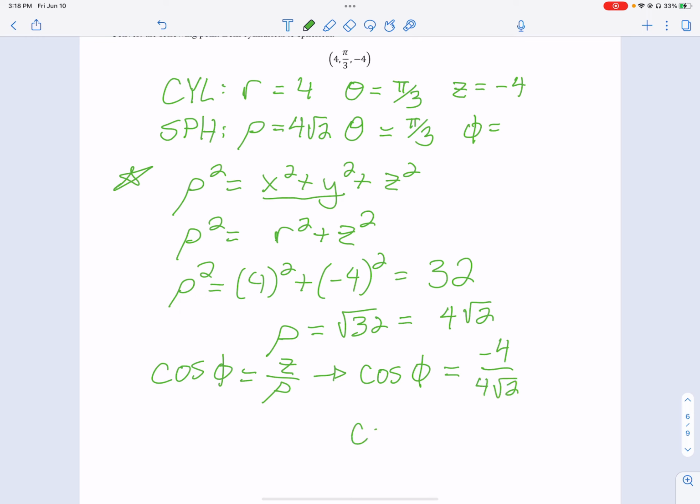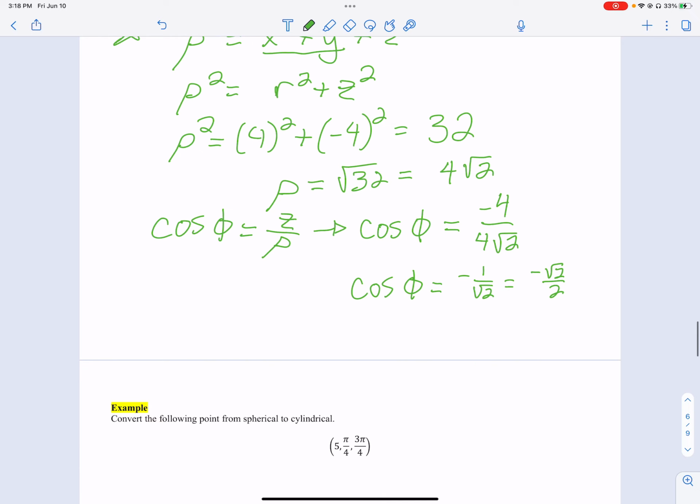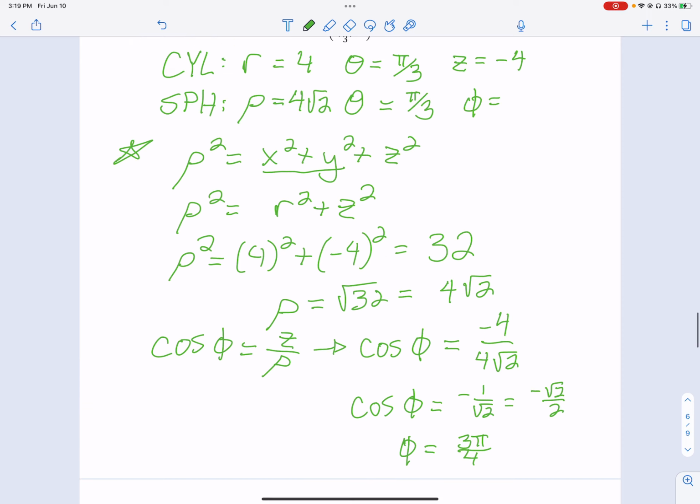So cosine phi is negative 1 over root 2. This is the same thing as negative root 2 over 2. So that means phi, and we're looking for those pi over 4 angles, that's going to be 3 pi over 4 if we match the first point. We also have another value that could work, 7 pi over 4.